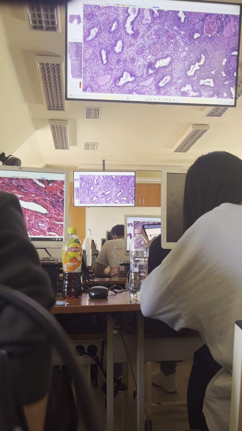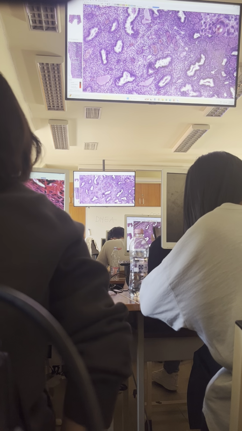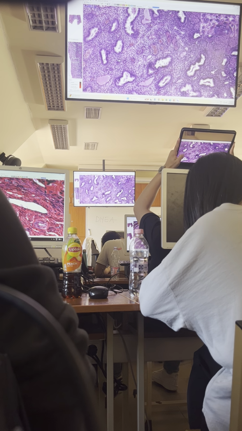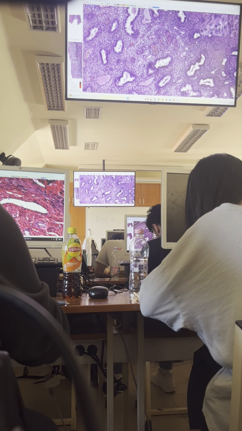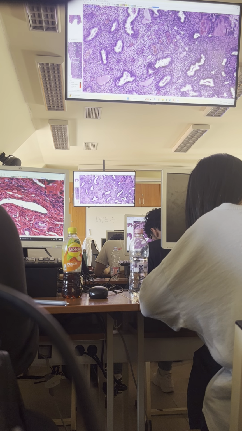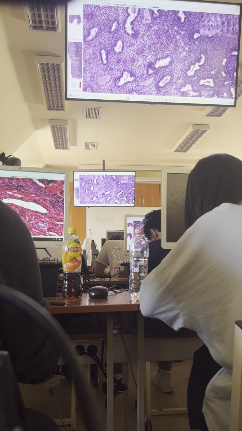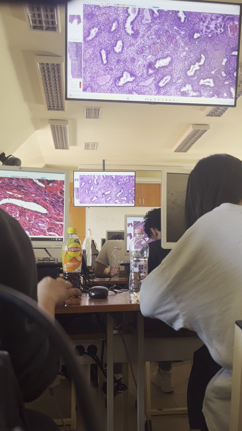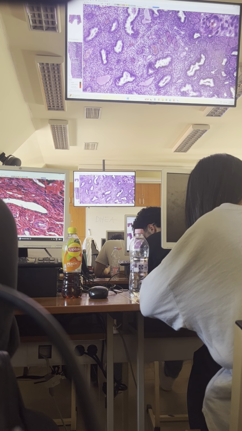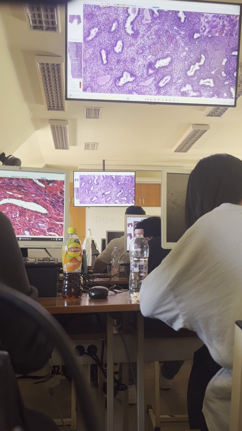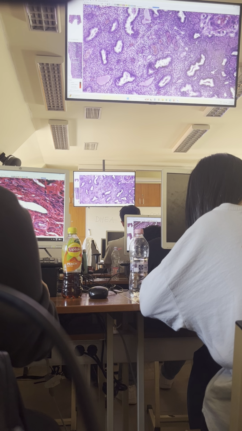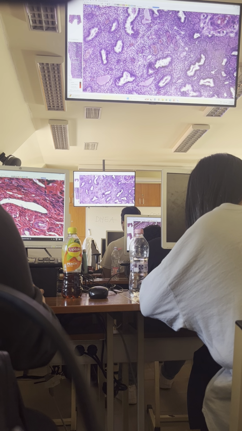And this is the same spiral-shaped vessel which is cut by the plane of sectioning many times. That's why we can see multiple sectional profiles, although we have just one spiral artery here. So this is the appearance of a spiral artery, okay? Which is actually an arteriole, but we call it spiral artery.